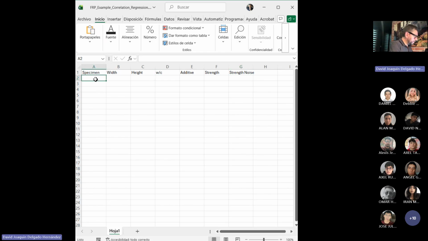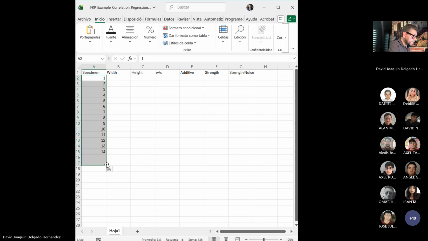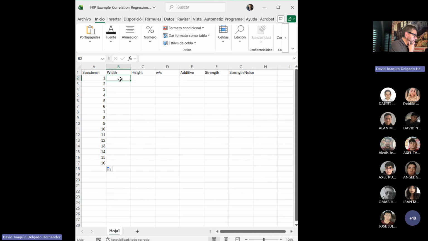Okay. So I am going to have 16 different specimens. So let us put from 1 until 16. And the width, I am going to play with 2 different widths, 10 centimeters and 12.